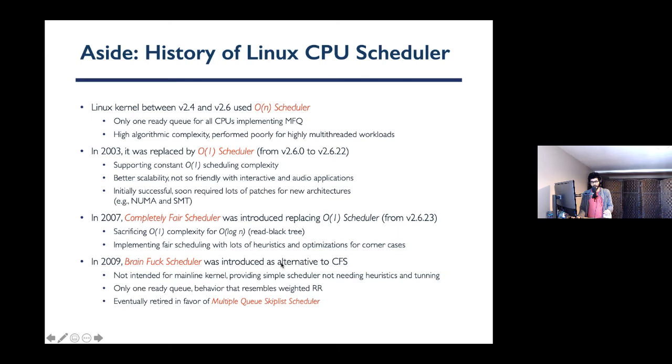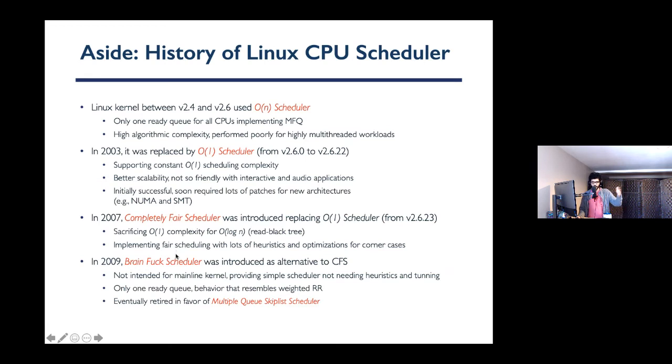It didn't work well, I think, moving to only one queue. It was a simple one. Actually, many people used it. Many people are using it even now. He later moved to the multi-queue skip list scheduler, which is a version of this Brain Fuck scheduler with multiple queues. But it never actually found its way to mainstream.